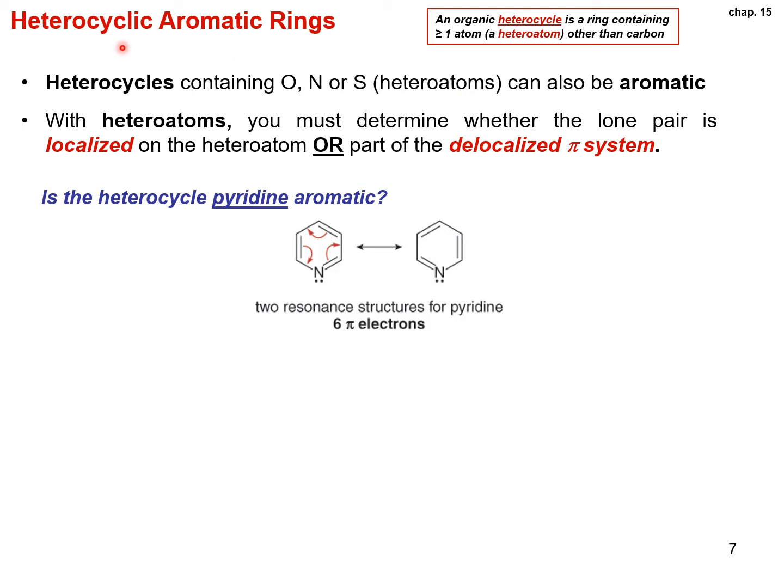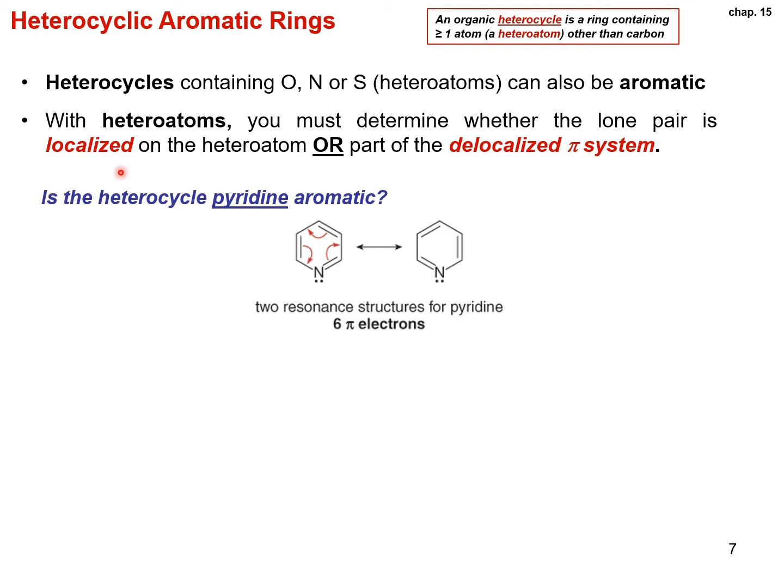Heterocyclic compounds can be aromatic, and when you are trying to determine whether or not a compound is aromatic, you have to always consider the Huckel rule by looking at the number of electrons in the conjugated pi system. So for heteroatoms that have non-bonded electrons attached to them, you have to determine whether or not you include them in the count of the electrons for the Huckel rule.